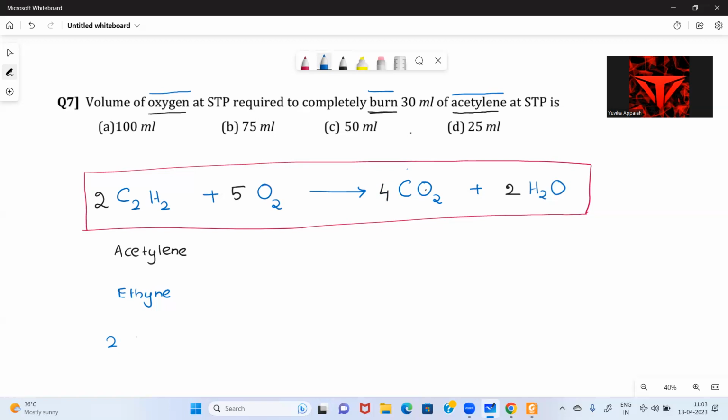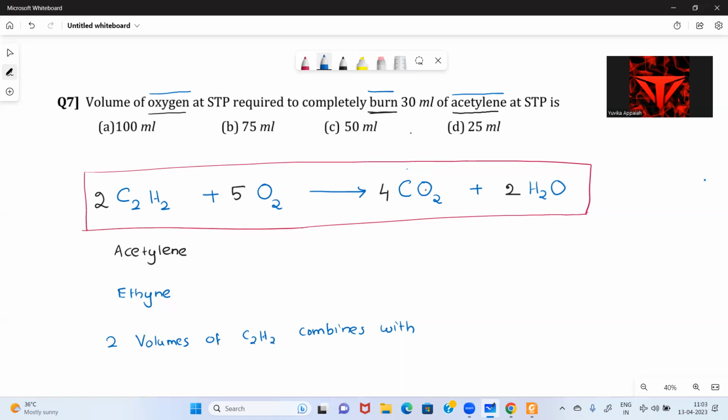Yes, sir. So I can say 2 volumes of acetylene combines with how many volumes of oxygen? 5 volumes, because I can connect it that way, because a mole corresponds to 22.4 liters at STP, correct?